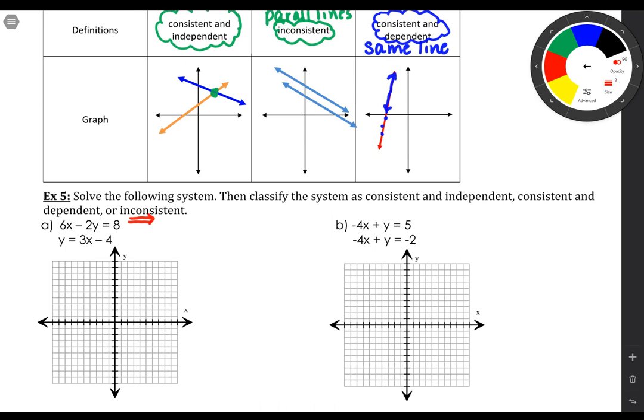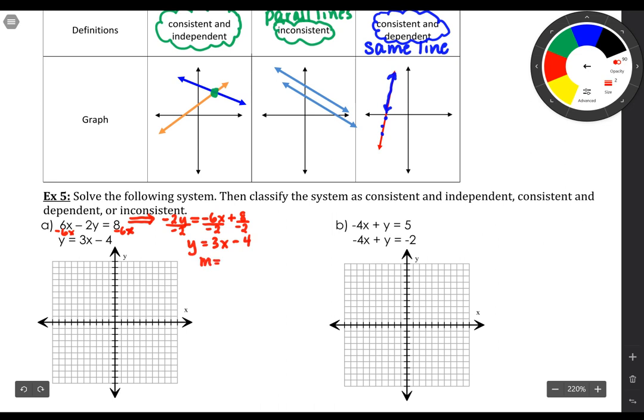So we want to first subtract 6x. So we're left with -2y equals -6x plus 8. Divide by -2.